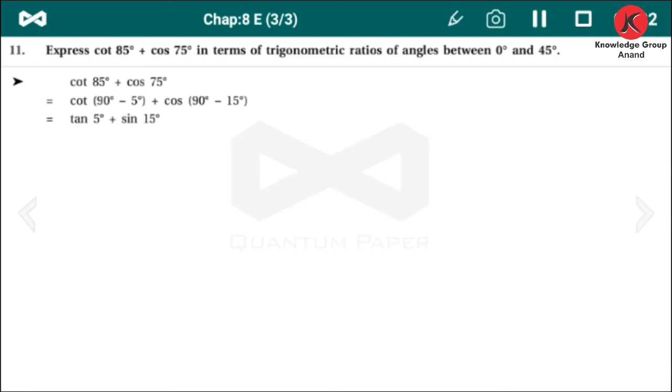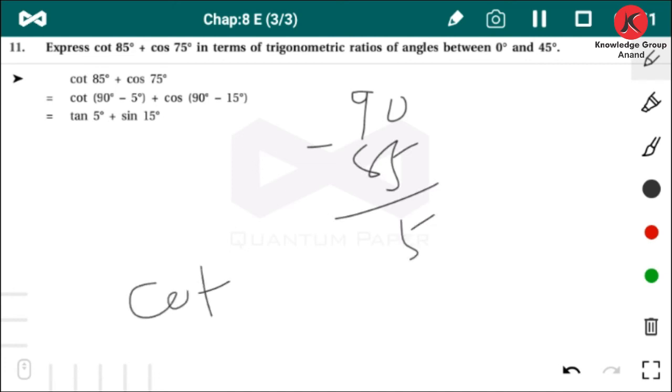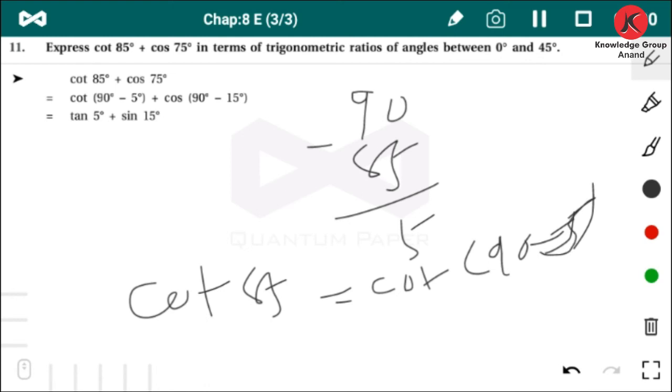For cot 85, we take the complementary angle, 90 minus 85 is 5. So cot 85 is cot of 90 minus 5. And cos 75 is cos of 90 minus 15.